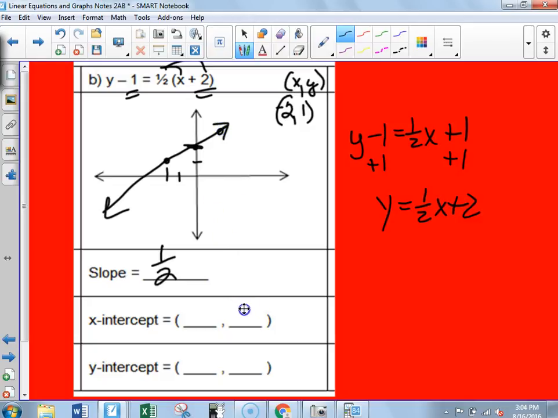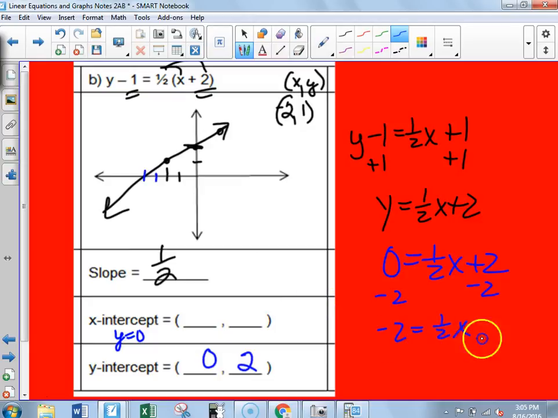All right, so what are these? 0, 2 for the y. Remember, for the x, we can put in y equals 0. -1 would be here, yep.